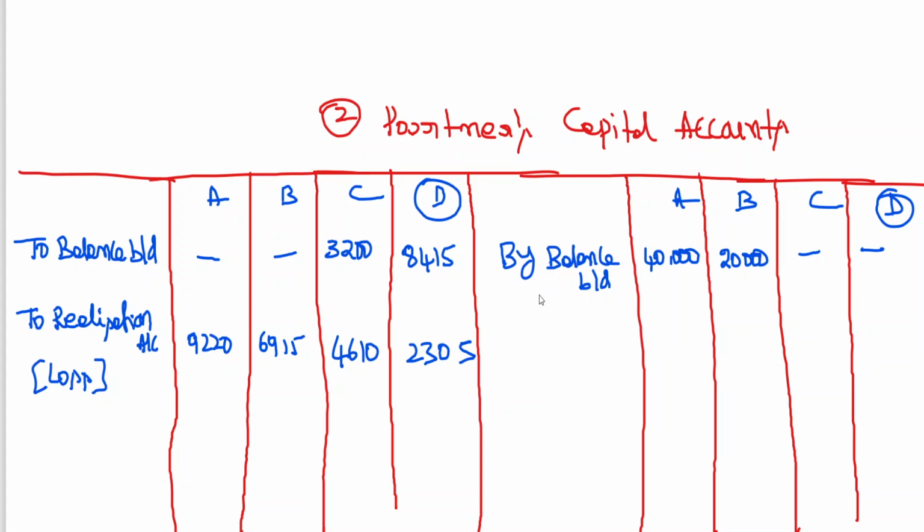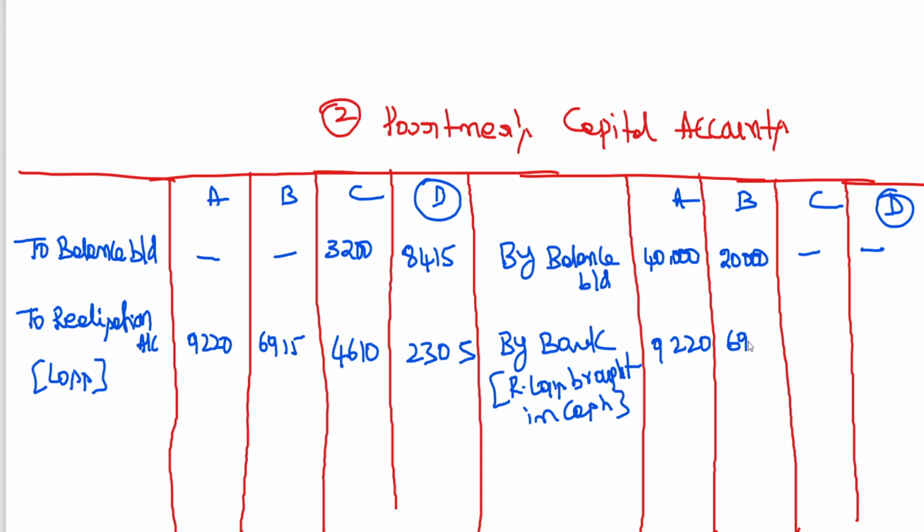As I've given in the note, solvent partners whose capital accounts are showing credit balance should bring cash. So by bank, realization loss brought in cash: 9,220, 6,915, 4,610. Okay. I've already explained, even though his capital account is showing a debit balance, he has to bring his share of realization loss in cash because he is not insolvent. This I've already explained to you.